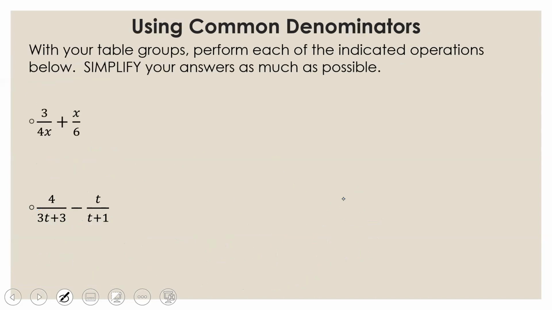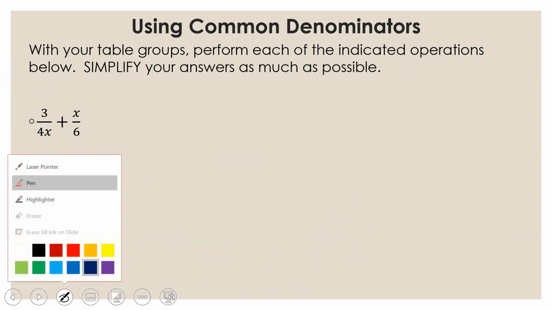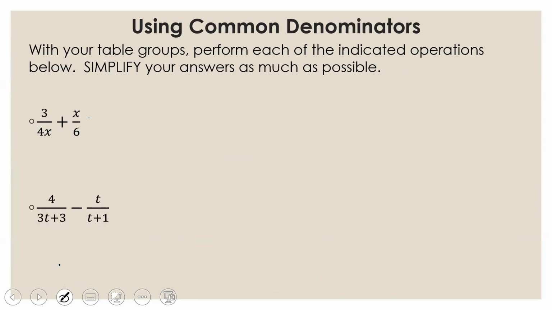This is helpful for us now because we can now do some algebra. So, for example, if we're going to do 3 over 4x plus x over 6, those are being added. So we know we would need to get a common denominator, which we already did. So that first term becomes 9 over 12x, plus the second term becomes 2x squared over 12x, as we found on the previous slide.